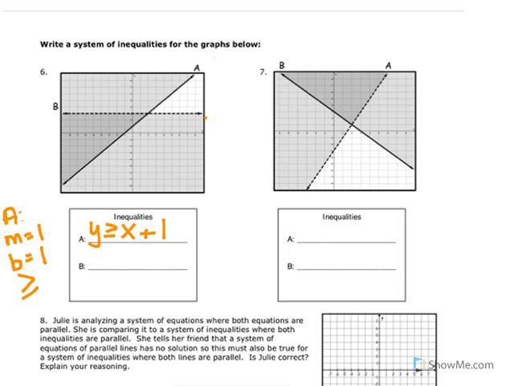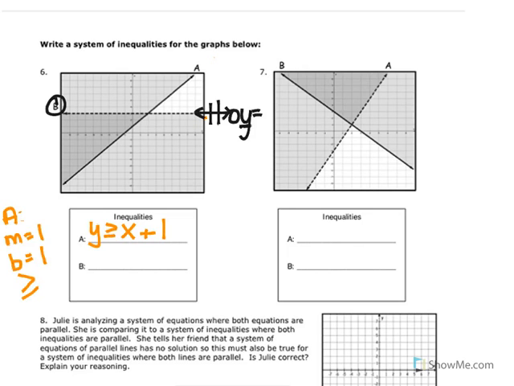Now let's look at the second inequality, which is line B. Okay, here's line B. So we can see it's a horizontal line. Horizontal lines always have the same kind of equation, and here's the clue. It's always going to be y equals something. So let's look.